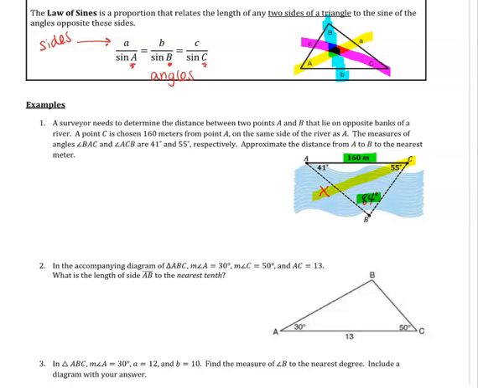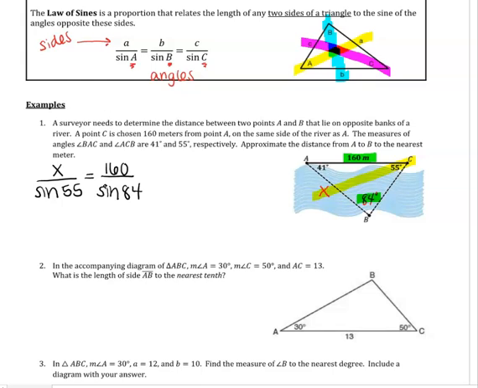So using law of sines, I can say x over the sine of 55 equals 160, which is my side, over the sine of 84. And that's my setup.